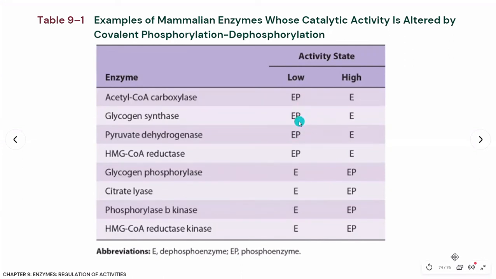When you phosphorylate glycogen synthase, it becomes inactive, low activity. However, if you phosphorylate glycogen phosphorylase, it becomes active, high activity.